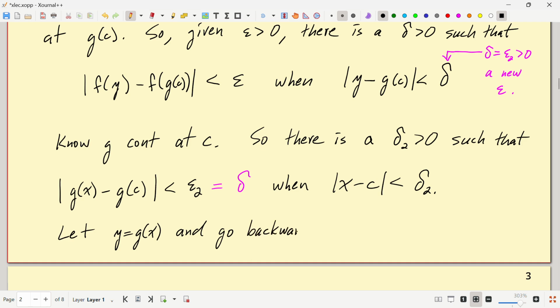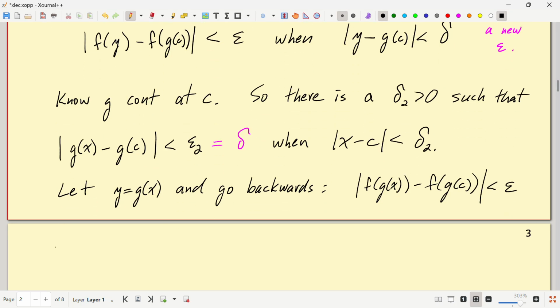You stick it all together, and you realize that you get f of g of x minus f of g of c is less than my original epsilon when x minus c is less than delta over 2.